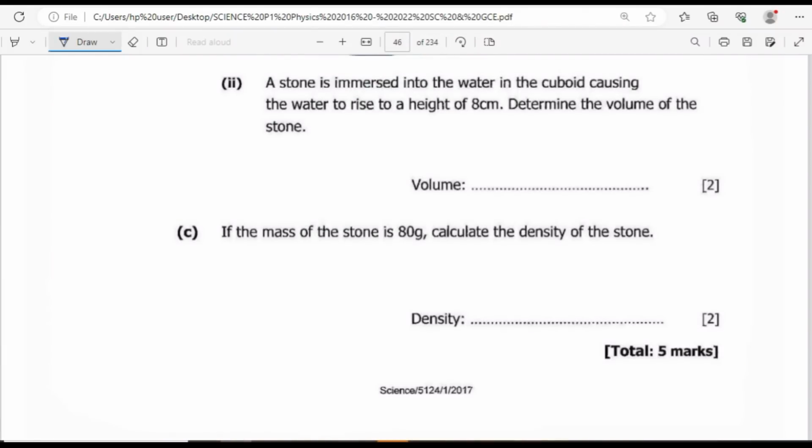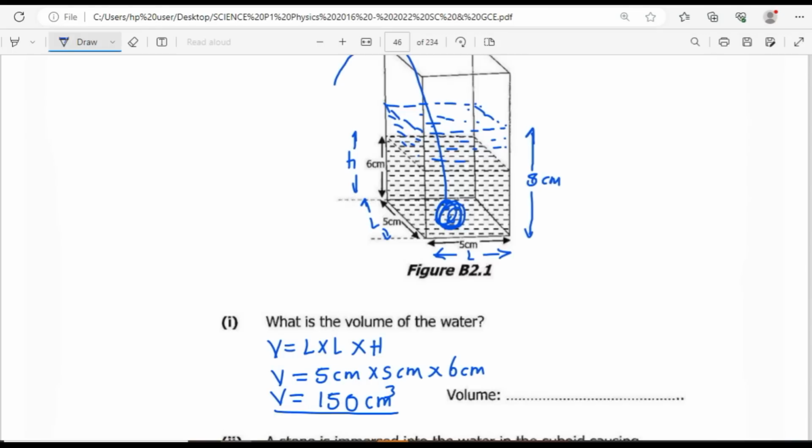Then we can now look at the volume of the stone. So we know that the base will not change, it is still L times L. Then what will change is the value of H. So L is 5 centimeters multiplied by another 5 centimeters times our new height, which is, sorry, 8 centimeters. So 5 times 5 is 25 times 8, we get 200 cubic centimeters.